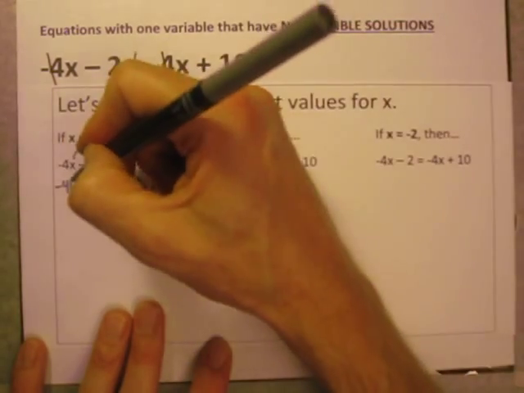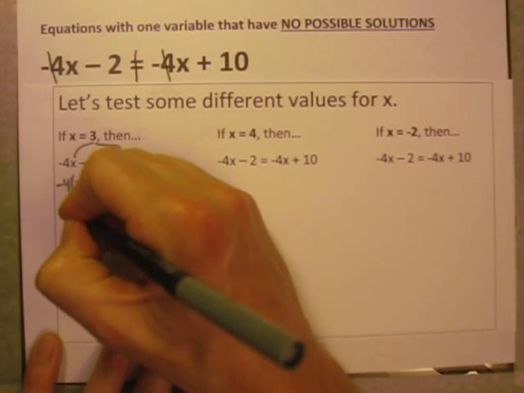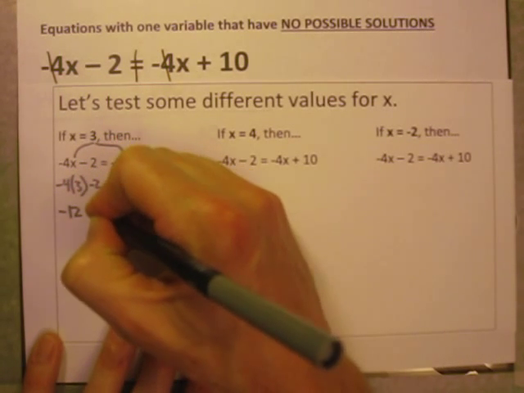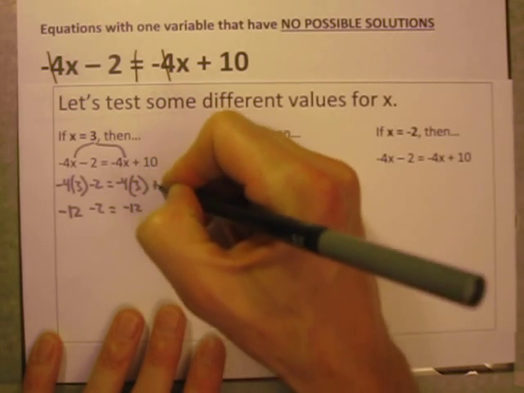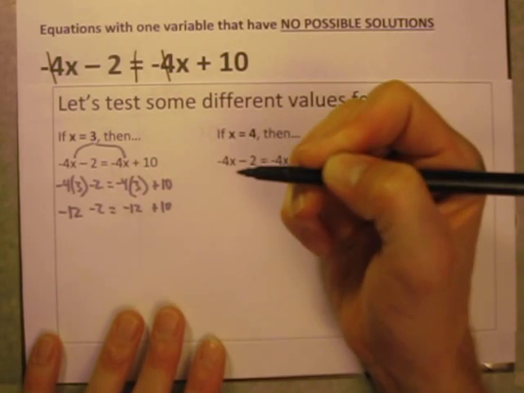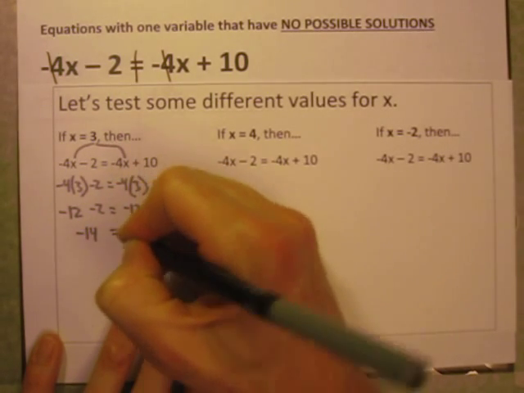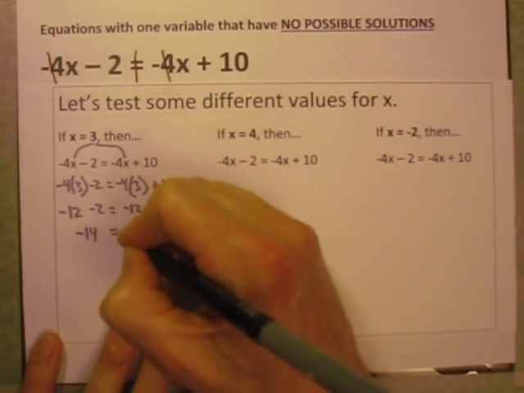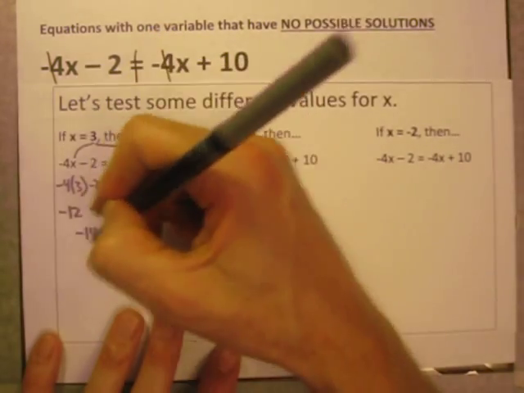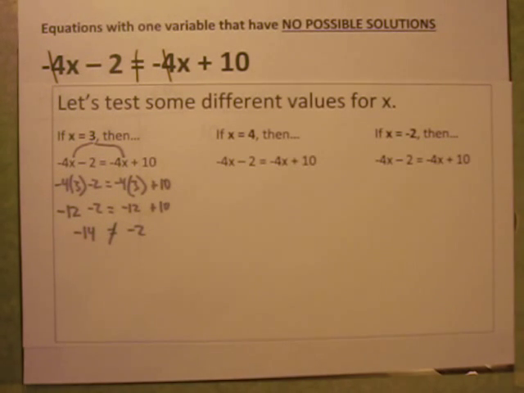If I do the multiplication first and the addition and subtraction second, I get negative 12 minus 2 and negative 12 plus 10. And negative 12 minus 2 is negative 14, and negative 12 plus 10 is negative 2, and sure enough, when x is 3, the two sides of the equation are not equal. x equals 3 is not a possible solution.